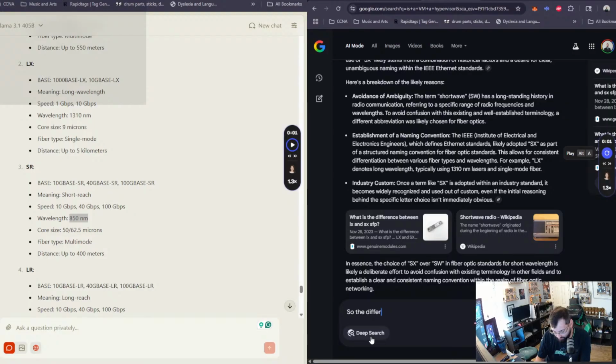So the difference between SX and SR is the length of the wavelength.